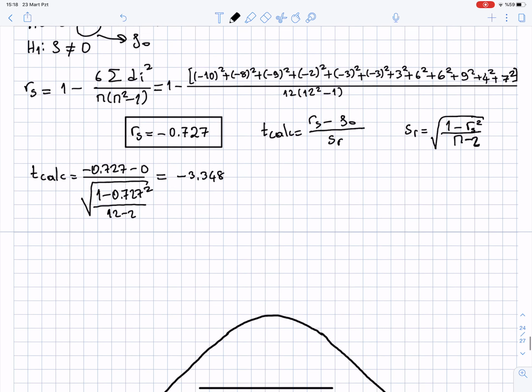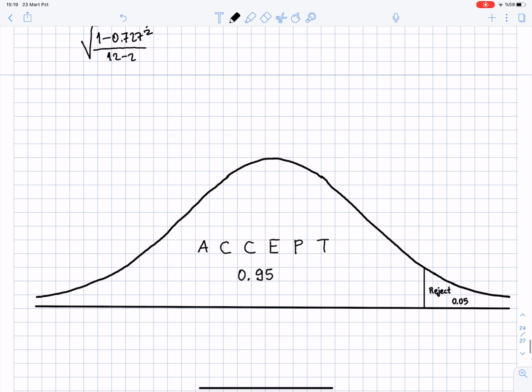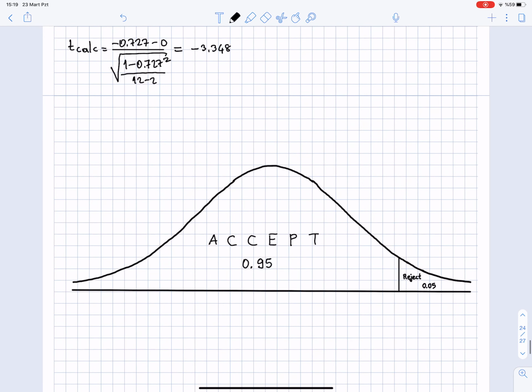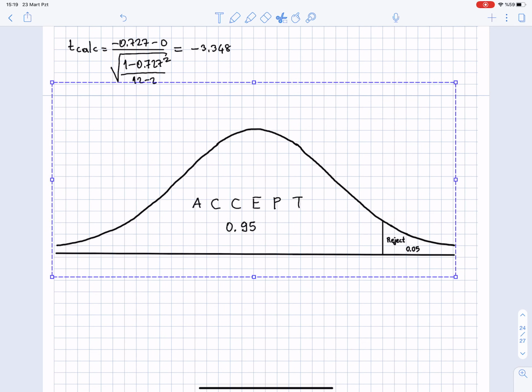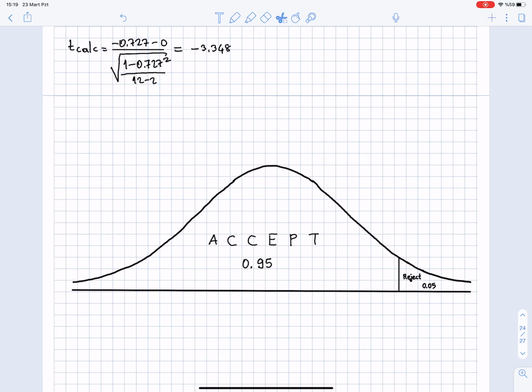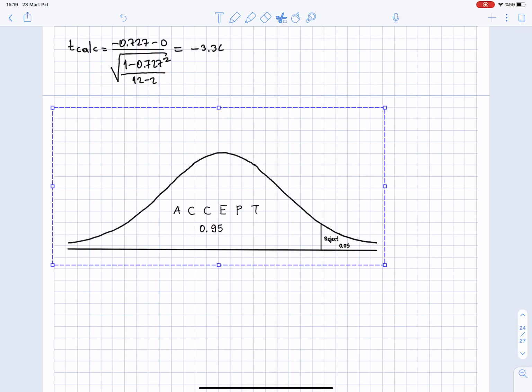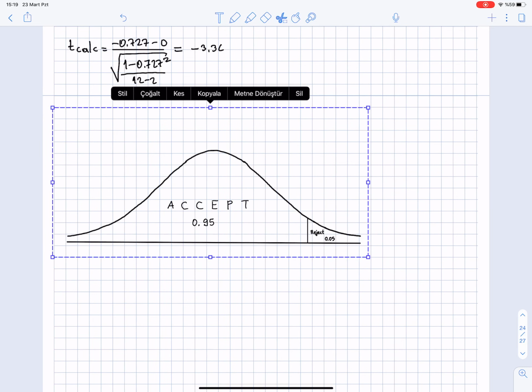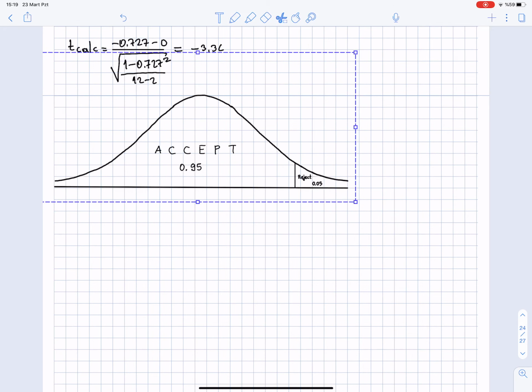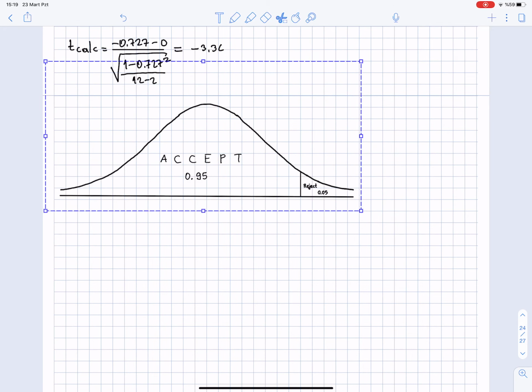So I already drew a picture for showing you the critical region. Since this is a double-sided hypothesis, I'm going to have two rejection regions. Let me make this picture smaller and move it a bit to the top of the page.